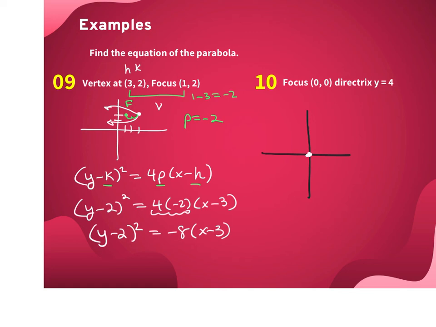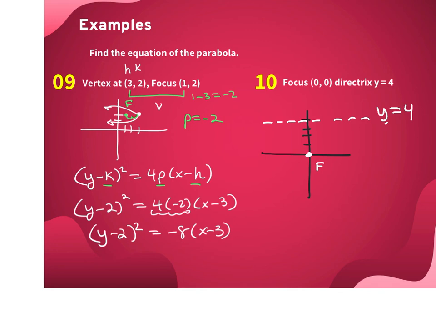Make sure you take your time and you read. The directrix is at y equals 4. So it's up here. Let me make some little marks. 1, 2, 3, 4. So my directrix is up here. It's y equals 4. Remember, the vertex is going to be right smack dab in the middle. It's the midpoint.